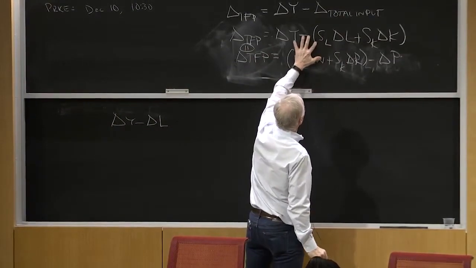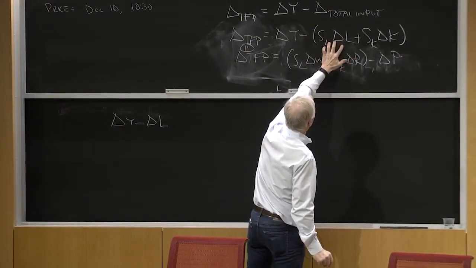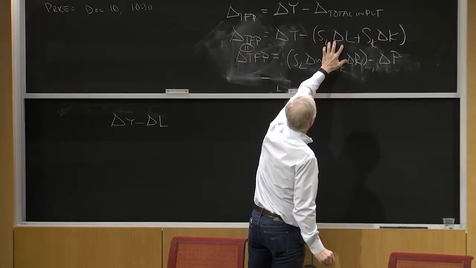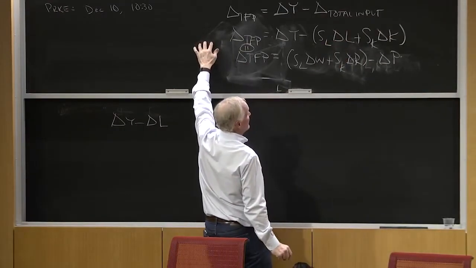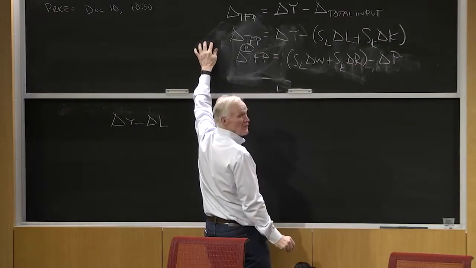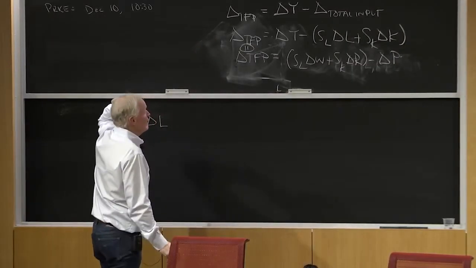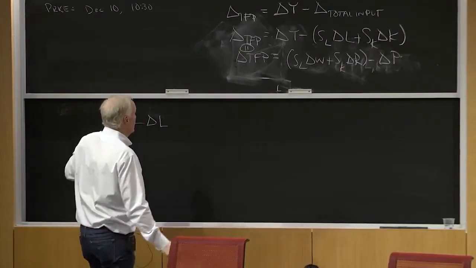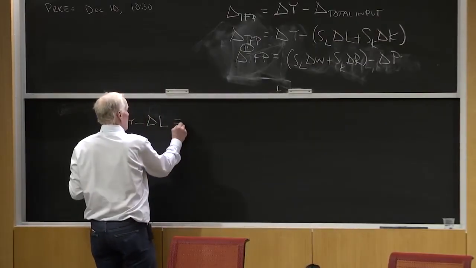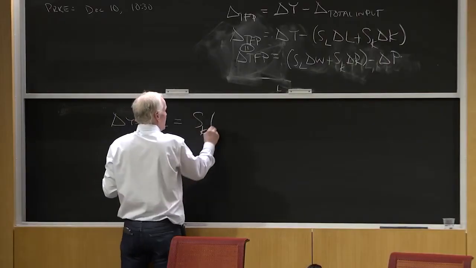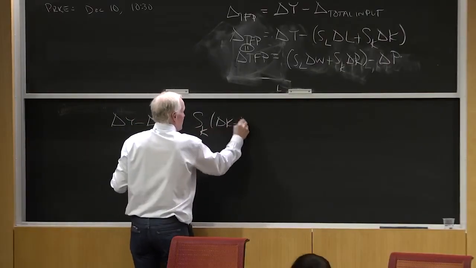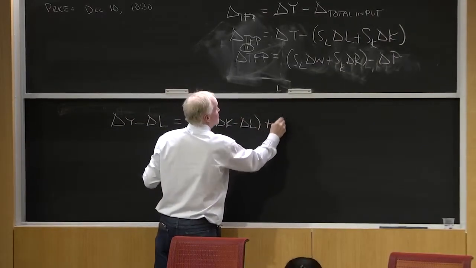Well, if I want a minus delta L here, I have to add an SK delta L to that side. So it equals SK delta K minus delta L plus delta TFP.